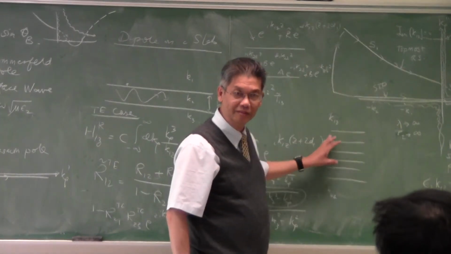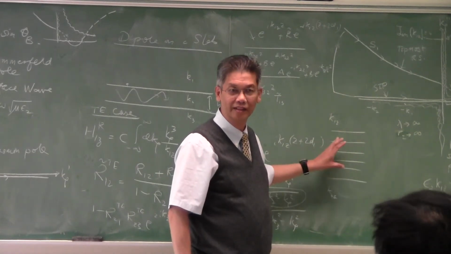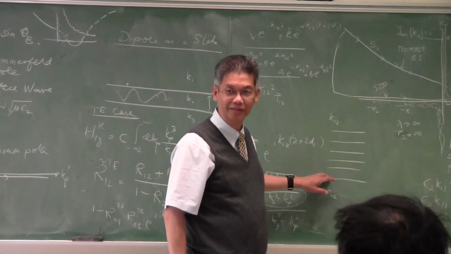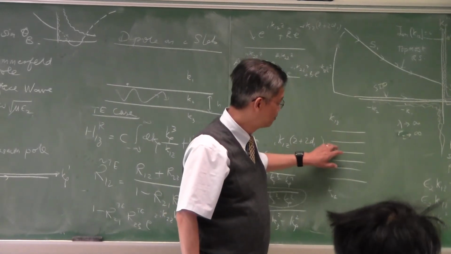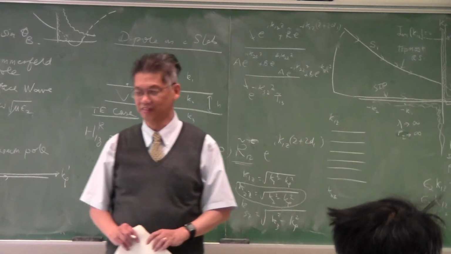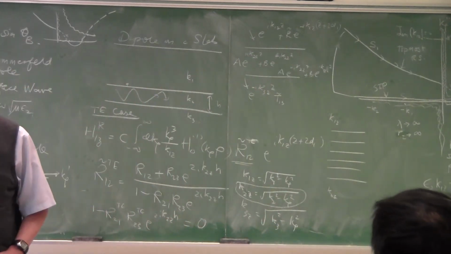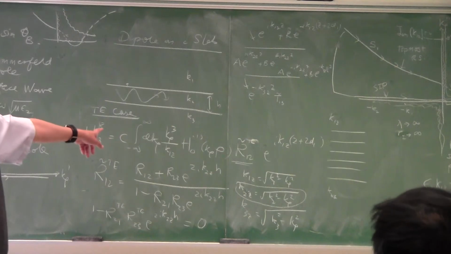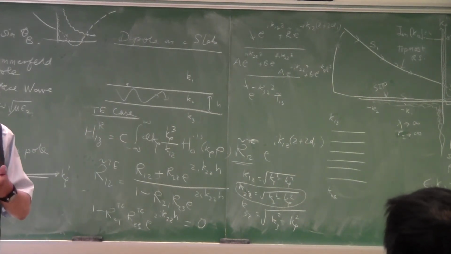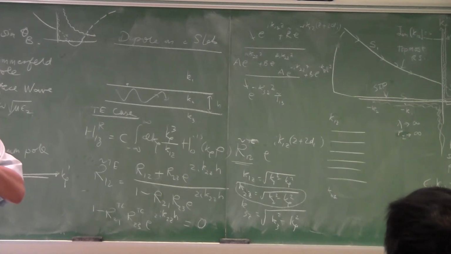And then it wouldn't be dependent on the sign of Kiz, where i is 2, 3, 4, 5, and n minus 1. There's no branch points at all for these regions, except for the first and the last region. Are you convinced of that? Or if you don't believe me, go and do the algebra. You'll spend a lot of time convincing yourself that actually the branch point does not exist for the intermediate region.